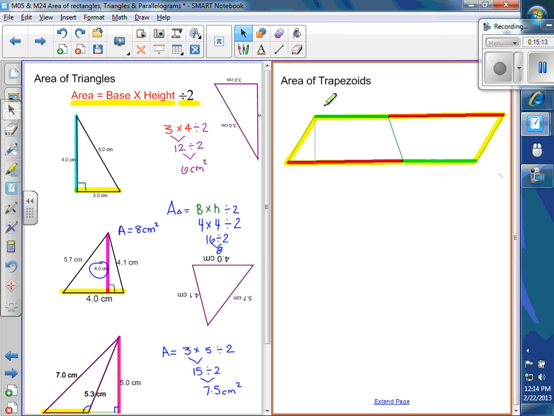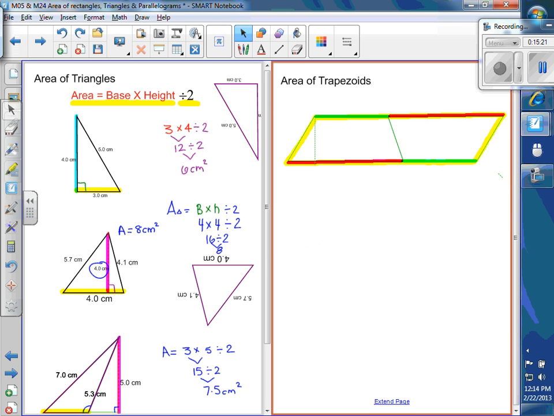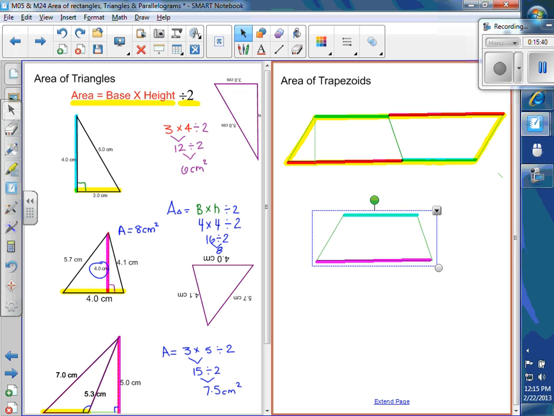So if I look at the original trapezoid for a minute, I'll take that original trapezoid out and rotate it. We're trying to figure out the area of this.